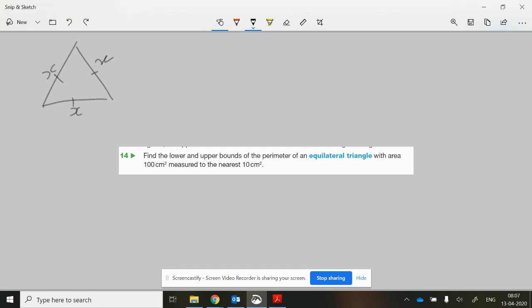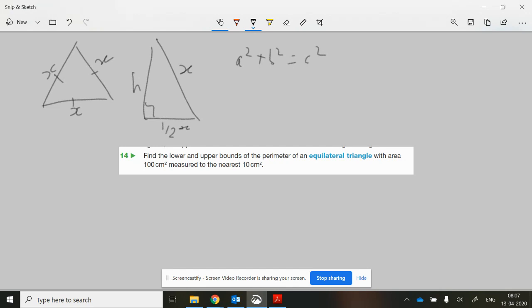So I'm going to draw another diagram here because I realize that one's not quite good enough. This one's got half x at the bottom. This is x here. And you can see that we've got a right angle triangle here. So we can use a squared plus b squared equals c squared. Well, this is actually our height.